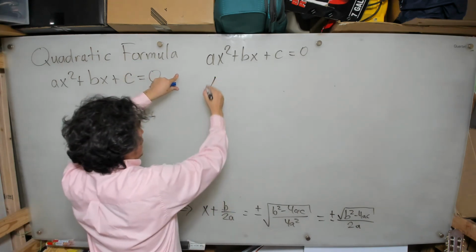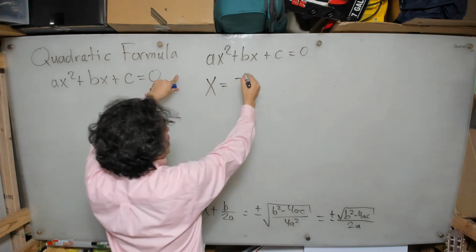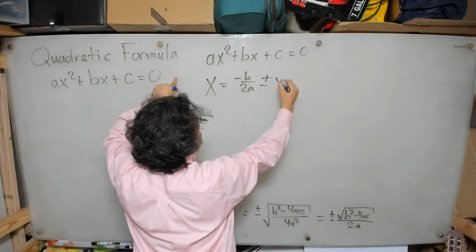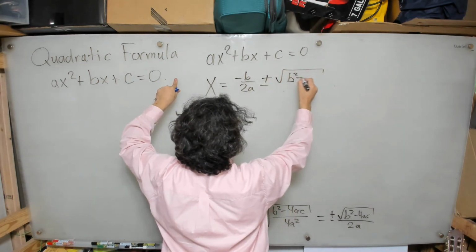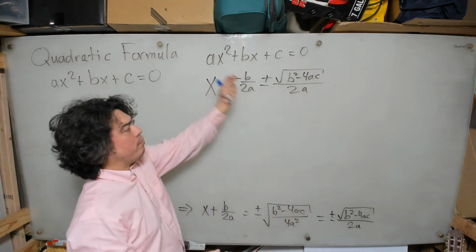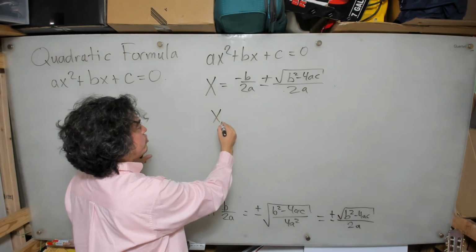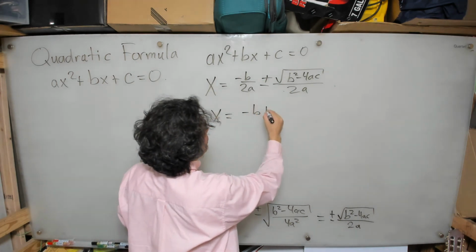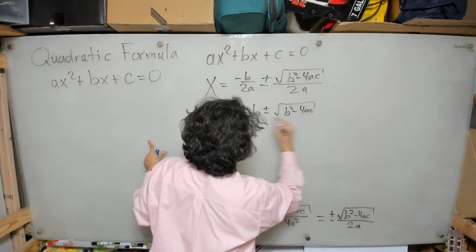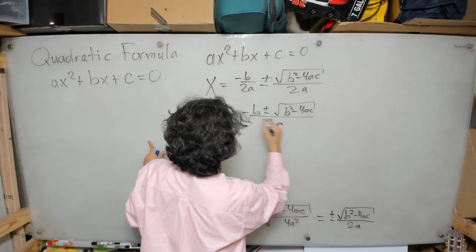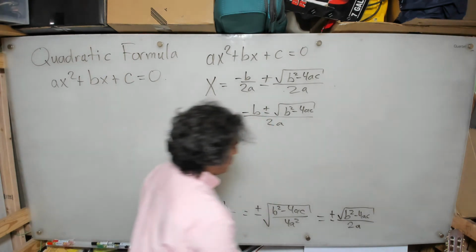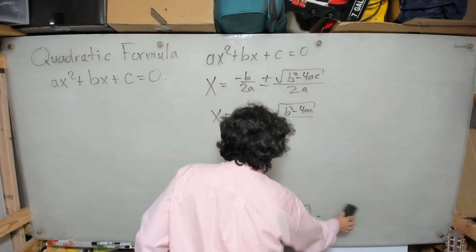So I get x equals negative b over 2a plus minus the square root of b squared minus 4ac all over 2a, and then we can combine these because they're fractions with the same denominator, so I get x equals negative b plus minus the square root of b squared minus 4ac all over 2a. Okay, there we have arrived at the quadratic formula.